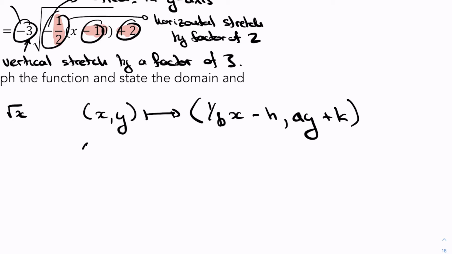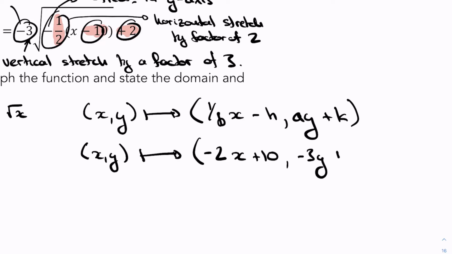So x, y maps to 1 over negative 1 over 2, which, if you do the math, just ends up being negative 2x, and minus h, replaced with minus 10, will be plus 10. Then I have a negative 3y, and then a plus 2 over here.